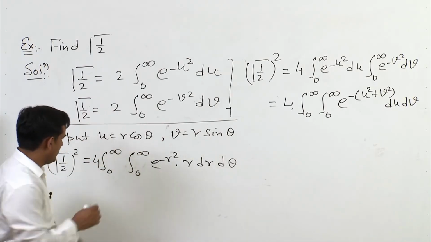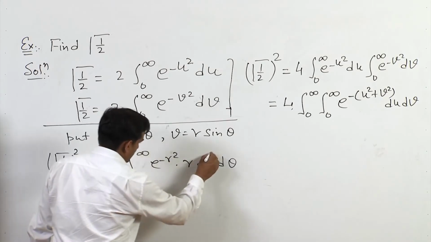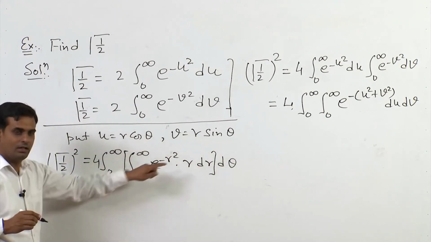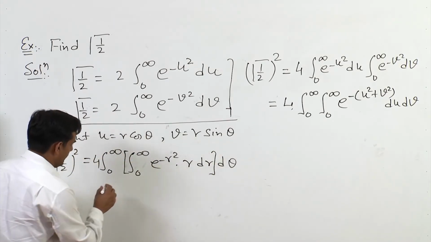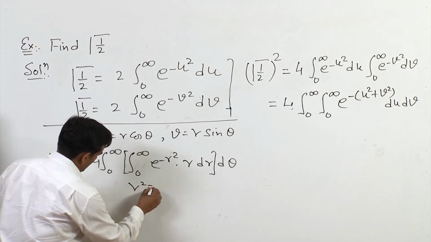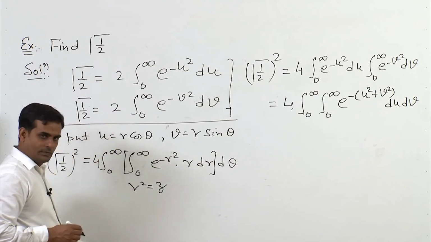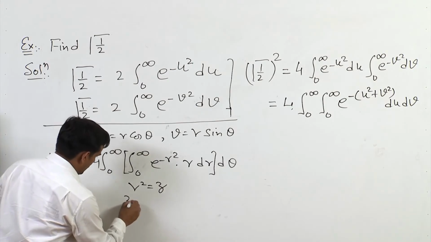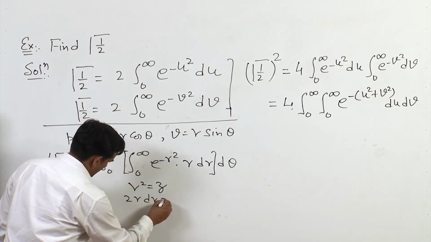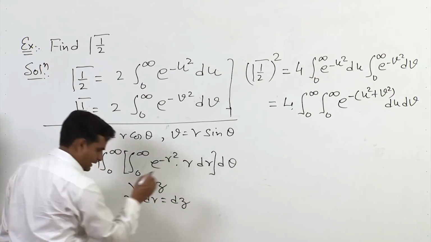Again, first I will solve this integral. For solving this integral I will put r square equals z. So, what will I have? 2r dr equals dz.